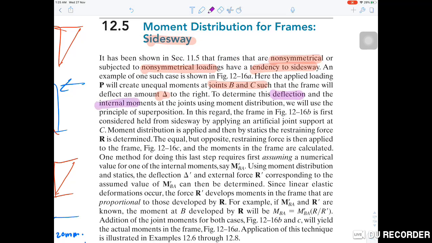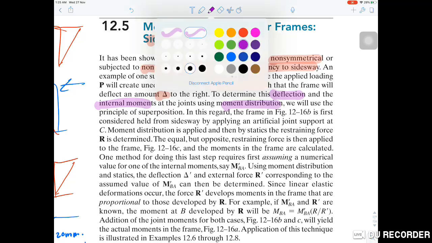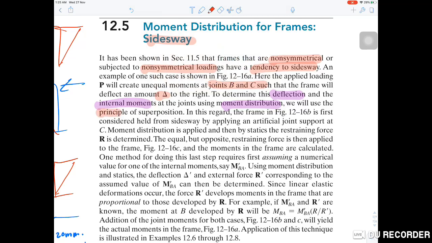To determine this deflection and the internal moment, which is the end moment, at the joint using moment distribution, we will use the principle of superposition. I want to highlight this principle. Remember that we used the principle of superposition in the flexibility method whenever we derived the compatibility equation.